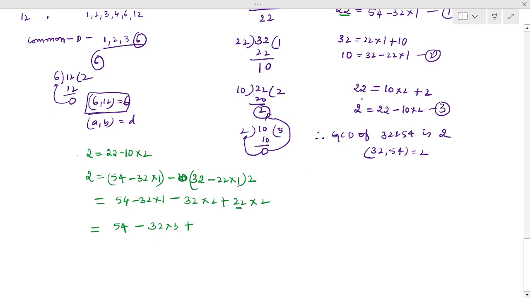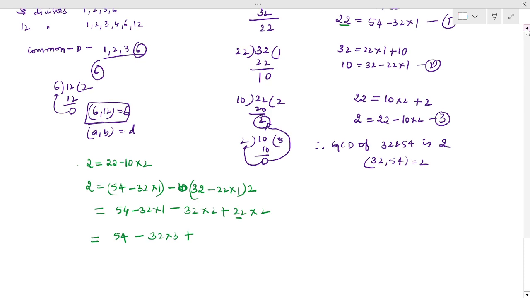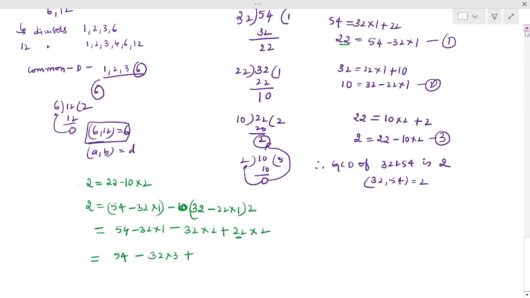What is 22? Go back. The value of 22 is 54 minus 32 into 1, multiplied by 2.